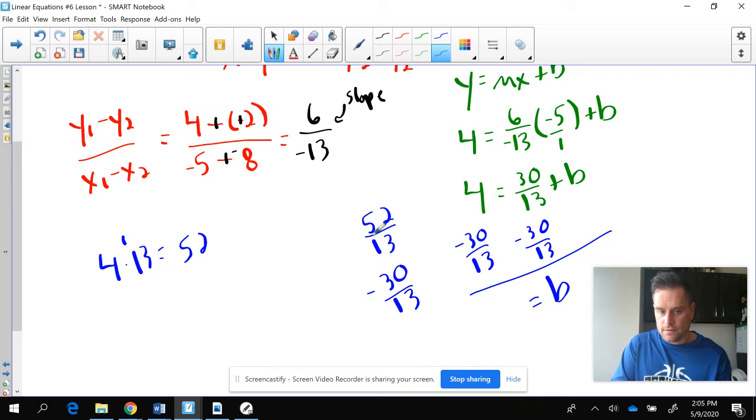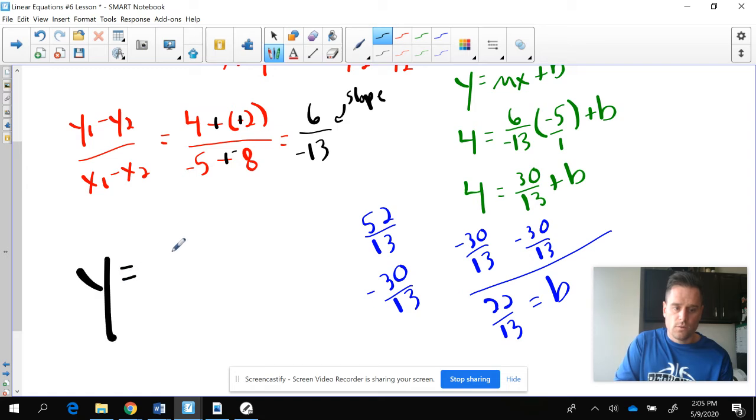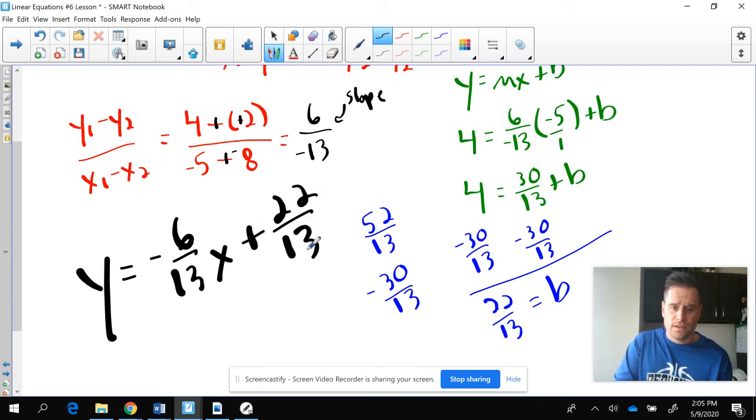We can subtract the numerators. 52 minus 30 is 22 over 13. Yuck. That one stunk. So the answer is y equals -6 over 13 x plus 22 over 13.